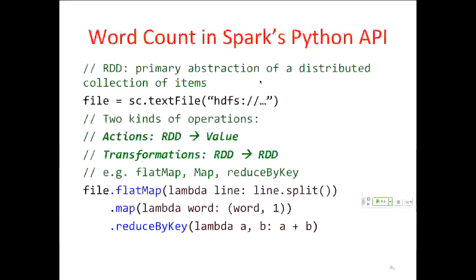So this is possible because here we load some data, and it's an abstraction of a distributed collection of items, which may be on or across multiple disks. However, it acts like a single data structure in Python.